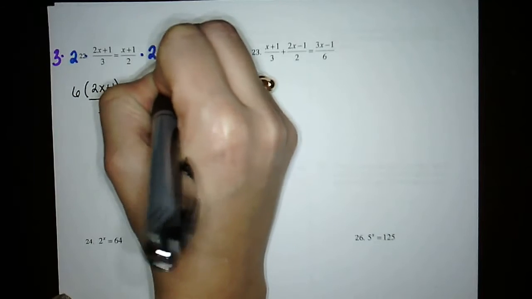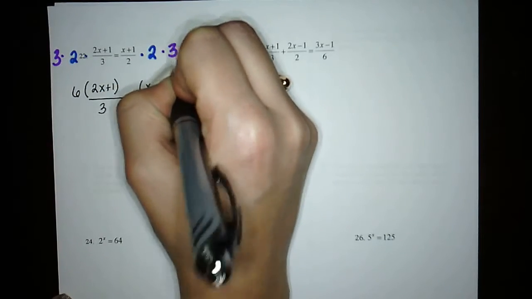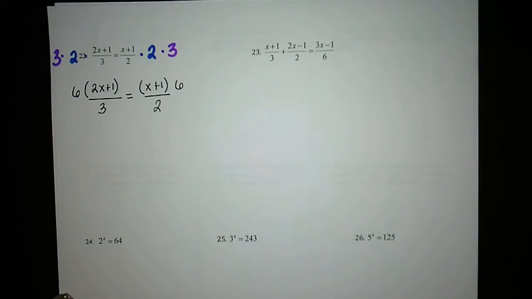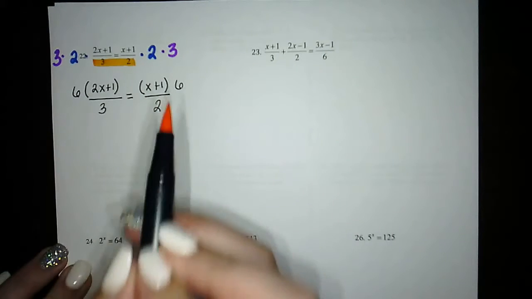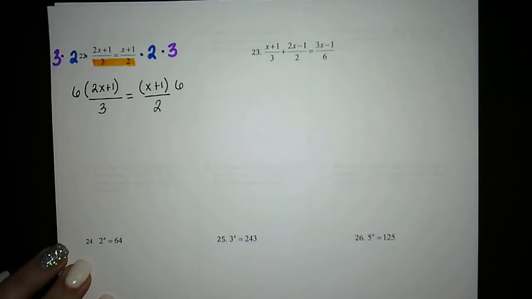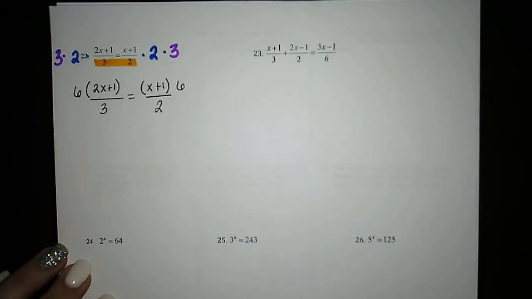We have this x plus 1. We're going to put it in parentheses. So all we've done so far is we've taken these common denominators and we've multiplied them on both sides of the equation, because what we do to one side, we do to the other.